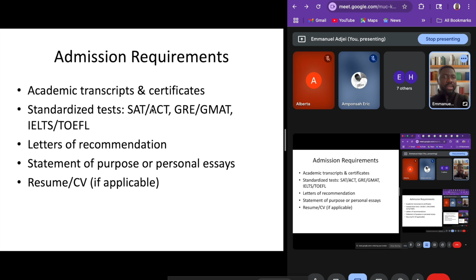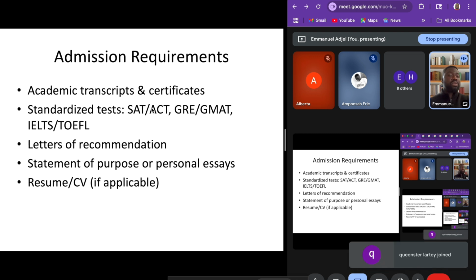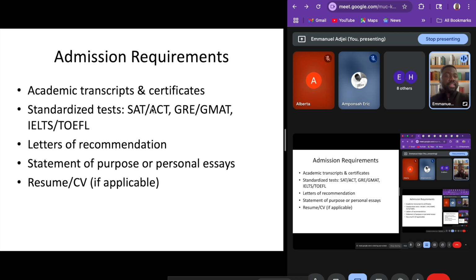It depends on your GPA, but your SAT scores also help a lot when it comes to presidential scholarships. And most of the presidential scholarships in many of these universities in the US or in Canada are fully funded or full ride. So that is why a lot of people consider SAT or ACT for their bachelor's applications.